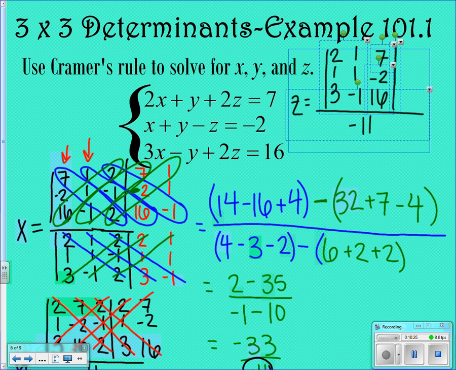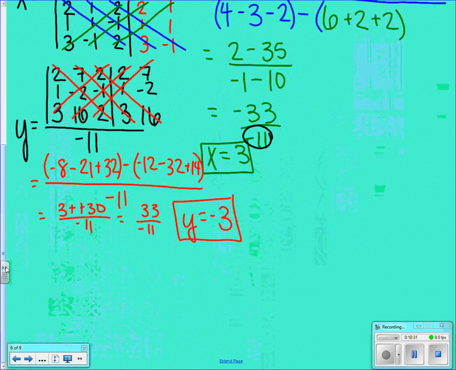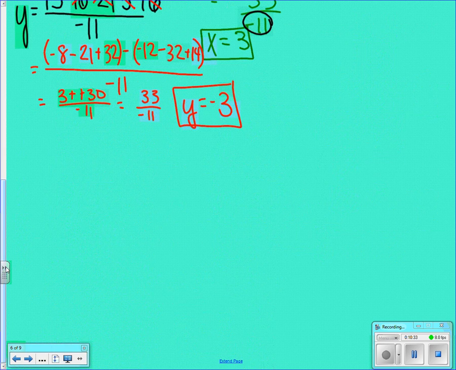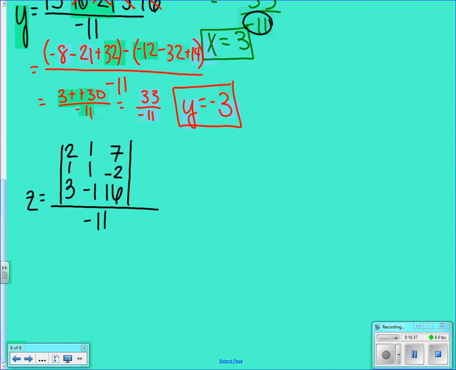So I'm going to move this down here so that I can continue working it. And so we're going to take our first two columns and rewrite them. And then we're going to multiply here.